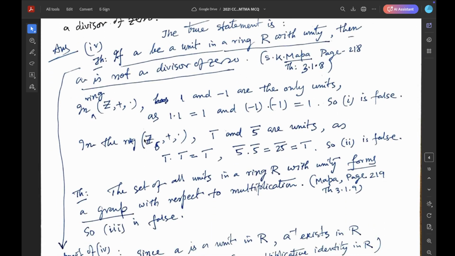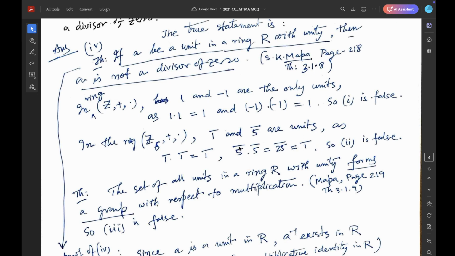In the ring Z6 plus dot, the set of residue classes, class 0 to class 5, class 1 and class 5 are units, because here the unity is class 1. So class 1 dot class 1 equals class 1, and class 5 dot class 5, that is class 25, divided by 6 gives 4, 24, so residue 1.